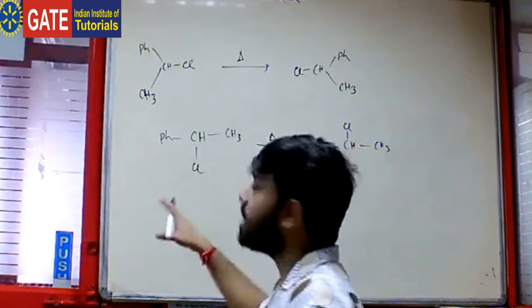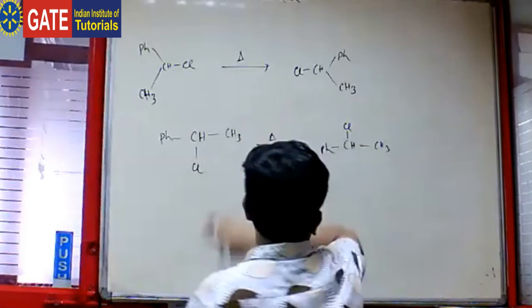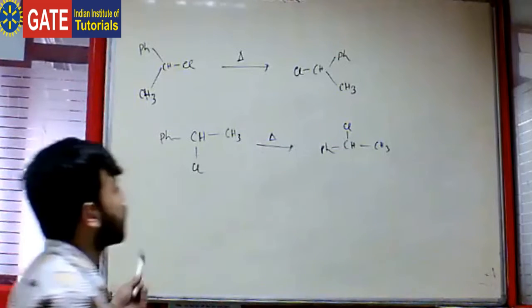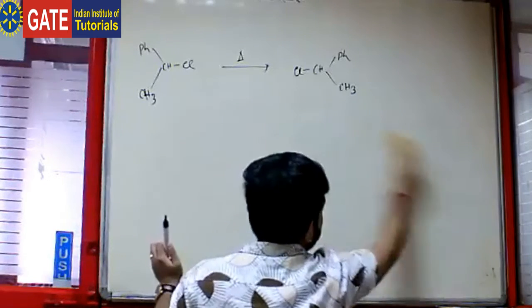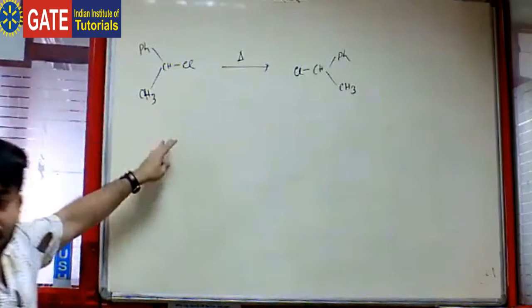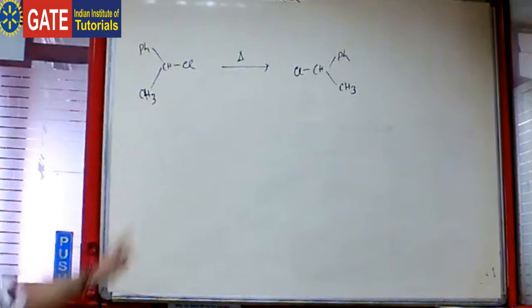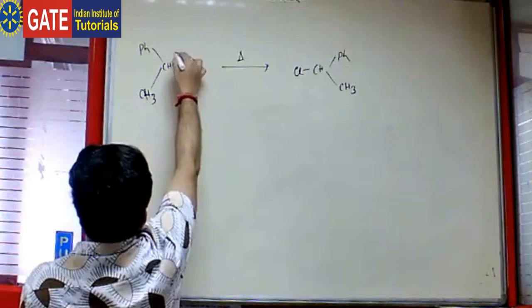For showing, I showed you like this, but better you draw it like this. What is actually happening? See, here thermal racemization is possible.